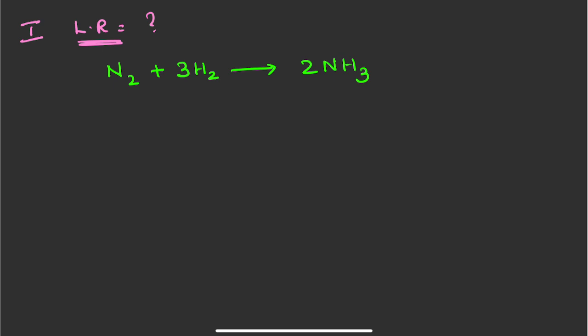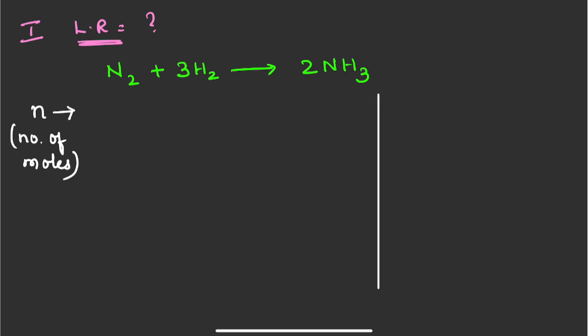The second trick is you have to write the number of moles, small n. But in the question the number of moles is not given. Instead, mass is given.